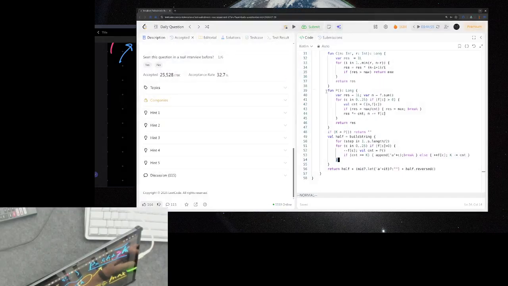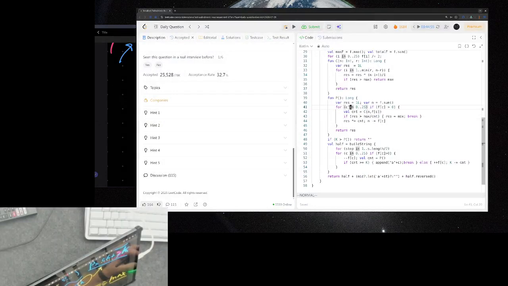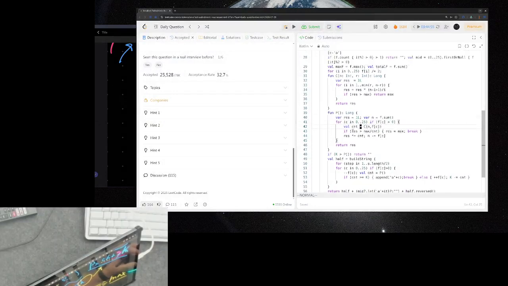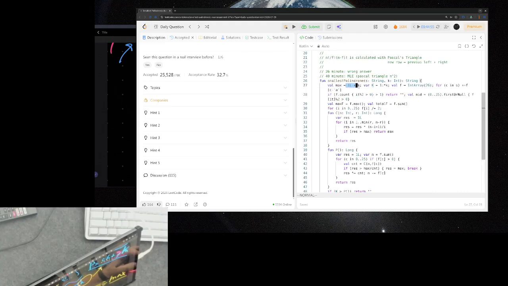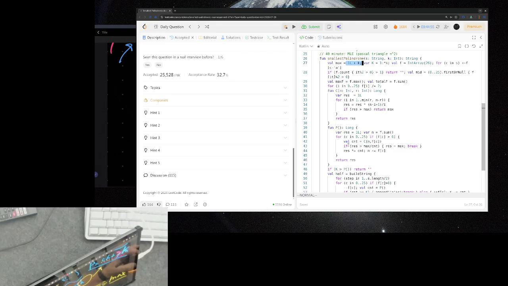So you're taking each letter in the frequency, you're computing this NCR or Pascal triangle, and this is the number of permutations. And if it is bigger than the maximum already, just return the maximum. And your maximum should be already bigger than k, so that's why you're taking it 1 plus k.